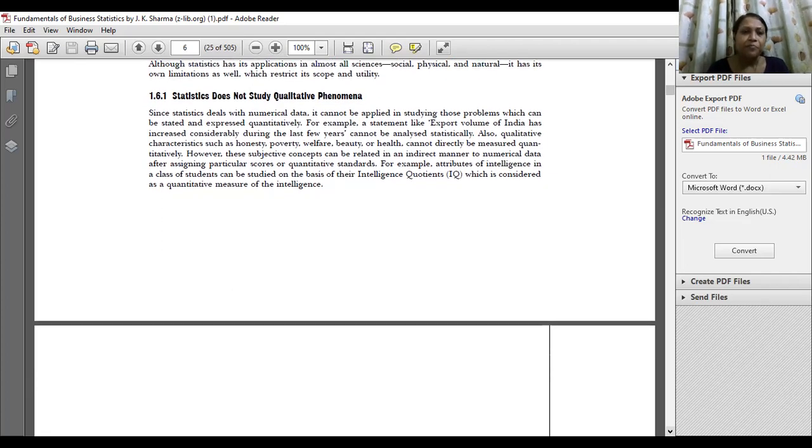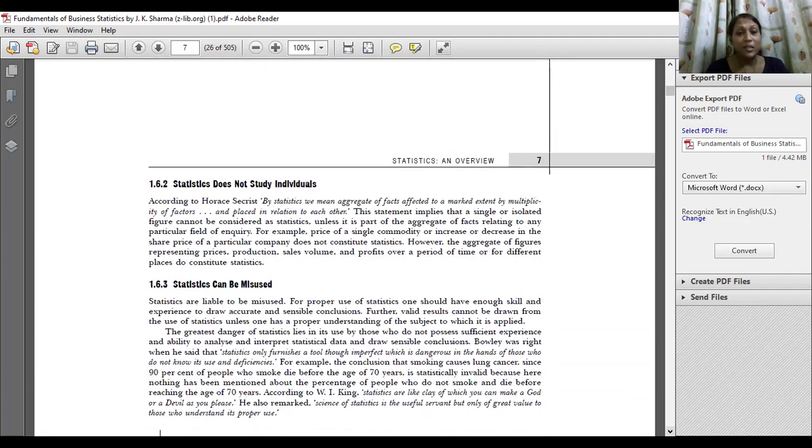Next is statistics does not study individuals. So what is that? By statistics, we mean aggregate of facts affected to a marked extent by multiplicity of factors and placed in relation to each other.